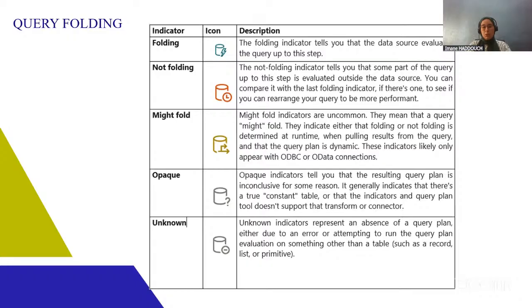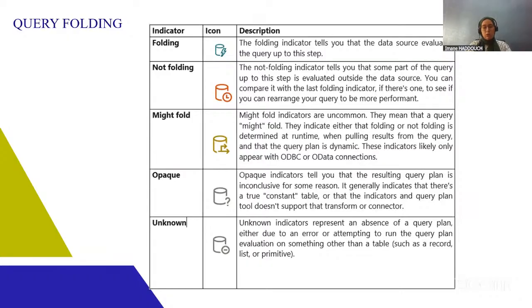The third option is might fold, and the status depends on the runtime conditions or the connector behavior. Next, we have the opaque status. It means that Power Query can't determine the folding status. It's usually due to some unsupported connectors or transformations.